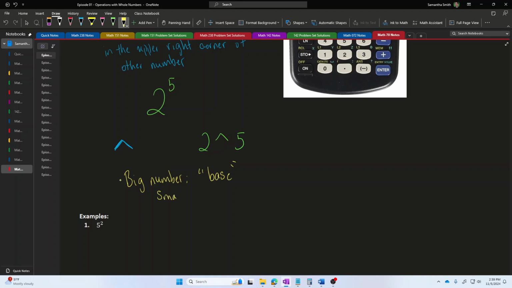And the small number is what we call the exponent. The exponent would be the small number here. This is the exponent, 5 in this case, and 2 would be the base.